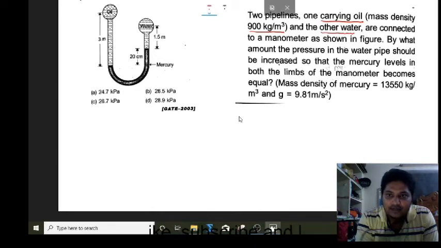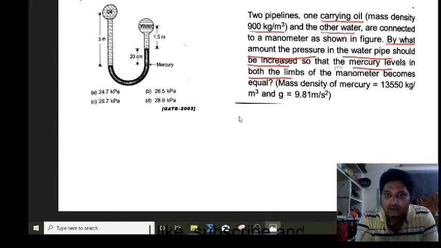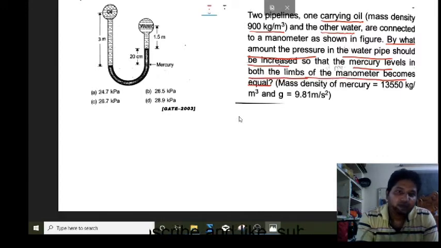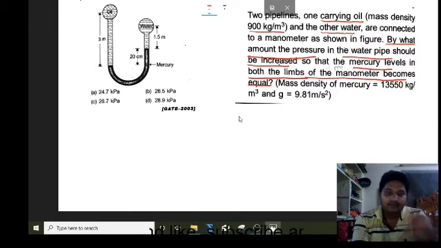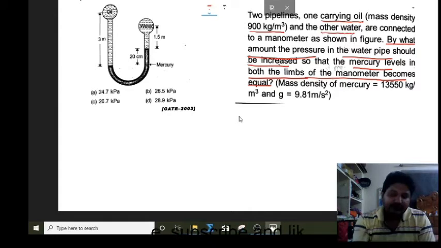It asks by what amount the pressure in the water pipe should be increased so that the mercury level in both limbs of the manometer becomes equal.